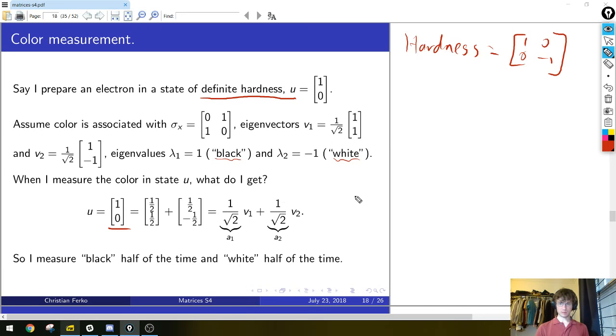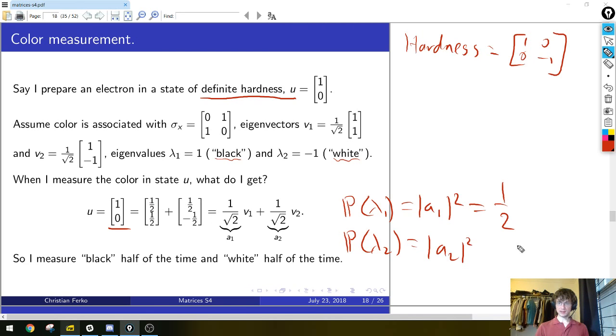So now I can get the probabilities right away. The probability of getting the eigenvalue lambda 1 associated with v1 is simply the absolute value squared of 1 over root 2, which is 1/2. The probability of getting lambda 2, the white color, will be the absolute value squared, again, of 1 over root 2, which is 1/2.